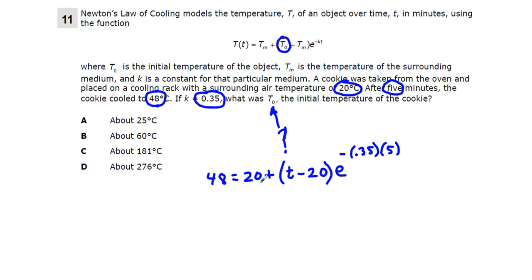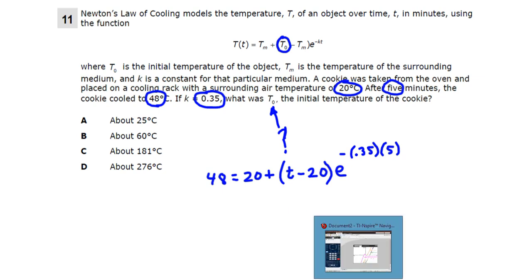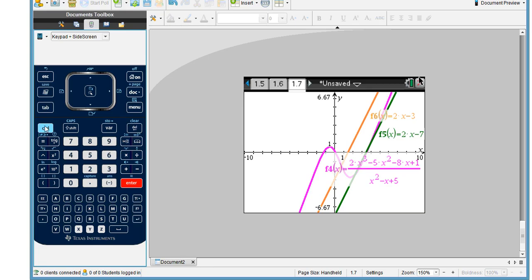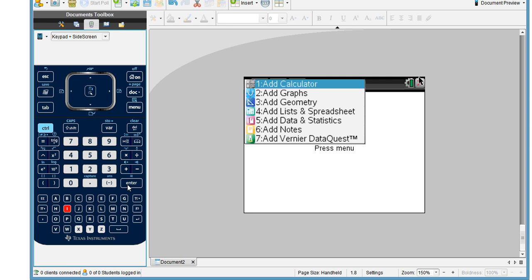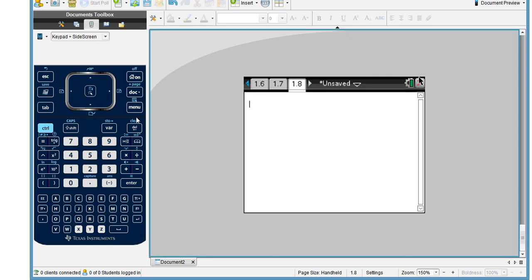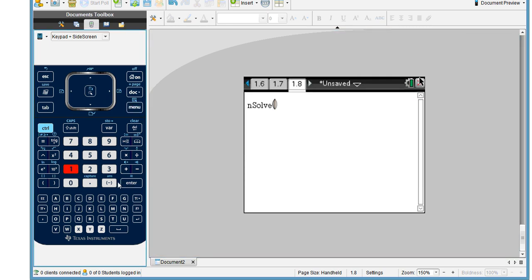So if we put this into an nSolve situation like the others, we should be able to get this, I would hope. So go here, Control I, add calculator, menu 3-1. Too few arguments. What am I doing? Okay.